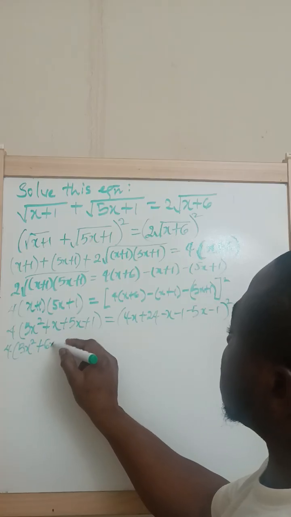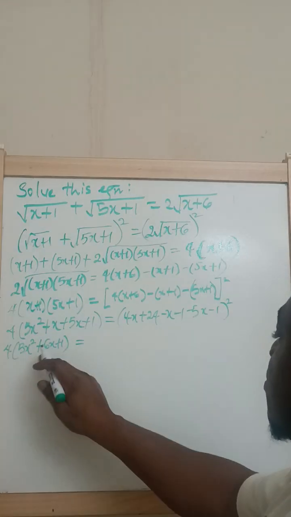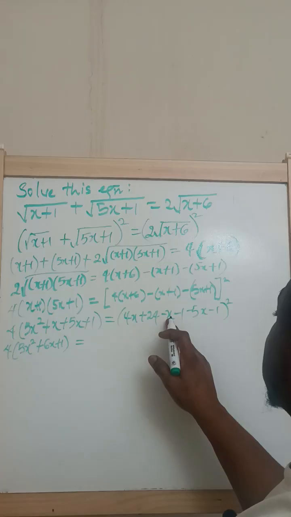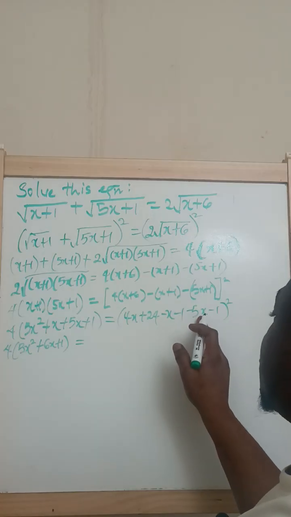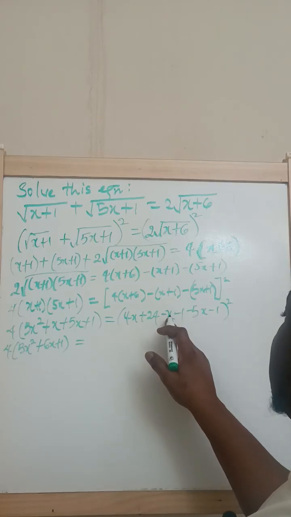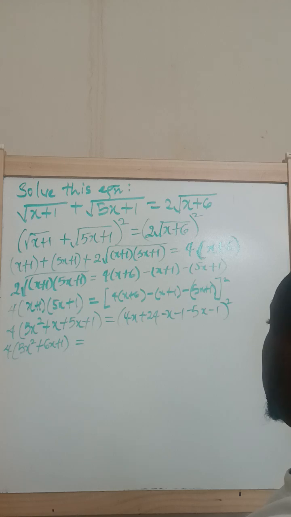Okay, so from here, this is going to be 4, this 5x squared plus 6x plus 1. We just need to add this and this together. That gives us 6x. If we add this and this together, 4 minus 1 is 3, and 3 minus 5 is minus 2.